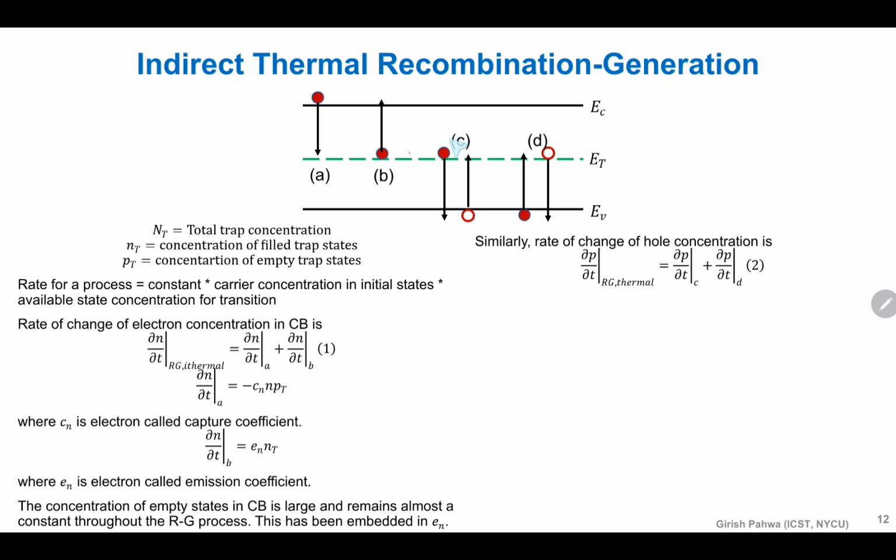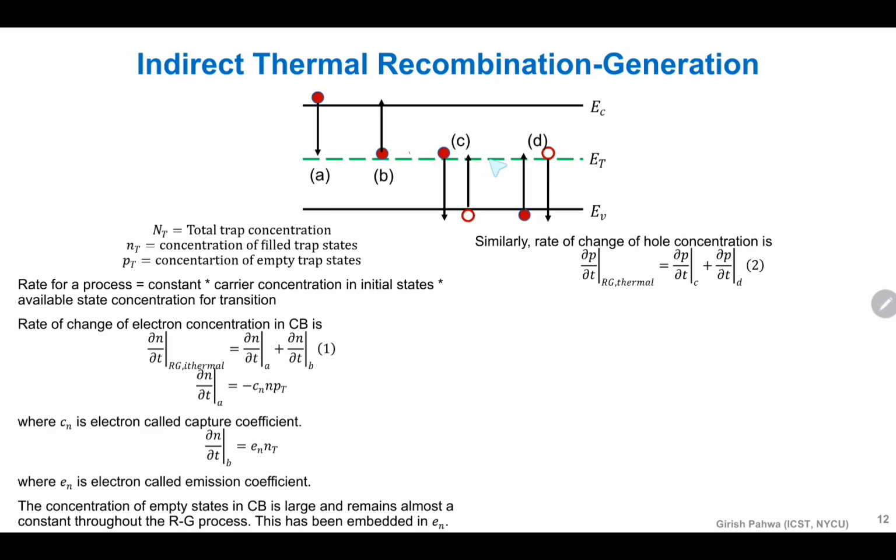What is del P by del T due to C? In C, holes are going from the valence band to the trap states. What kind of trap states are occupied by the hole? See, an electron wants to go to an empty state, a hole wants to go to a filled state.